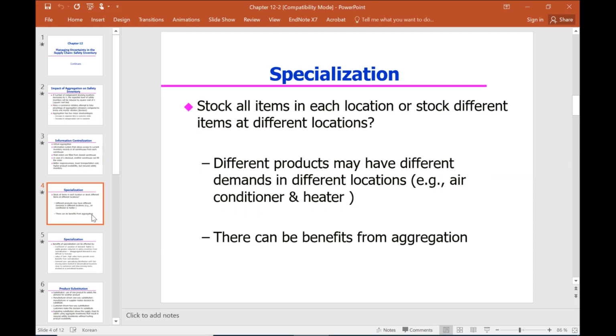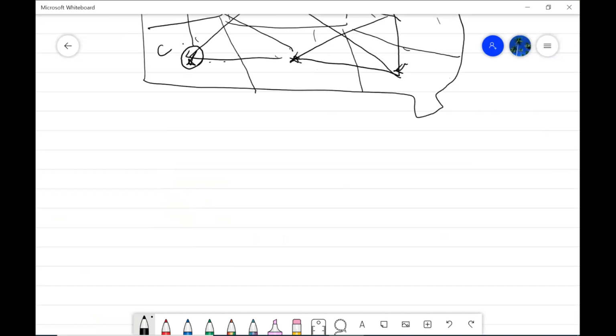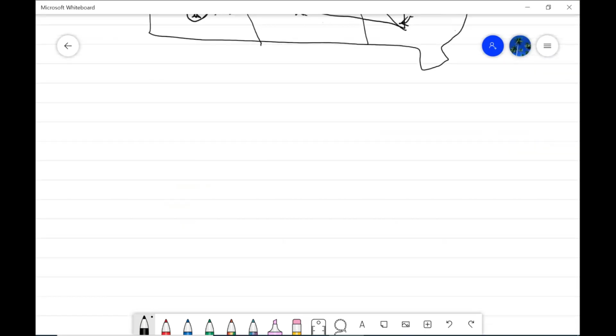Let me get my notes again. Let's say you have an electronic store selling air conditioners and also heaters. In the north area, as you can easily imagine, it is very cold. The south area is a very warm place, and hot in the summer.